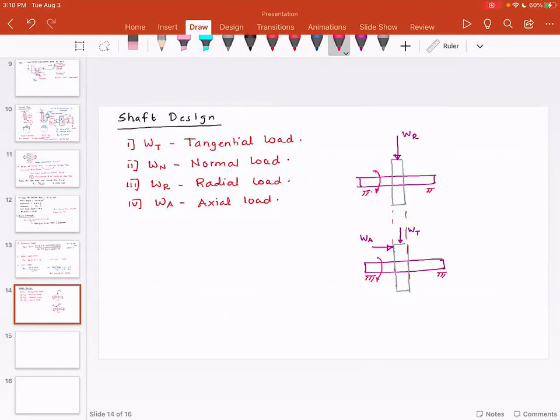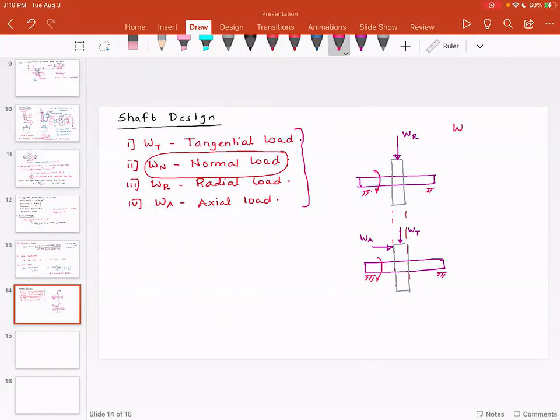So all these forces, out of that, we have to understand that normal load Wn, and this is super important. Normal load is because of the resultant of tangential load, radial load, and axial load. And I just want to contrast this with the spur gear.